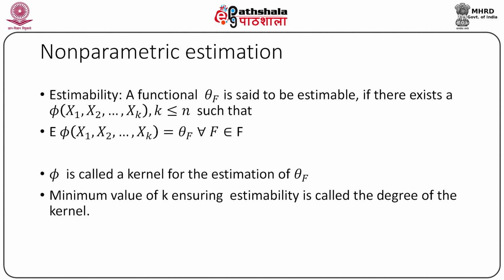The minimum value of k ensuring the above, that is, expectation of phi equal to theta(F), is called the degree of the kernel. Therefore, kernels are in some sense the analog of an unbiased estimator, except that it is not based on the full set of observations, and to each kernel a degree is attached.